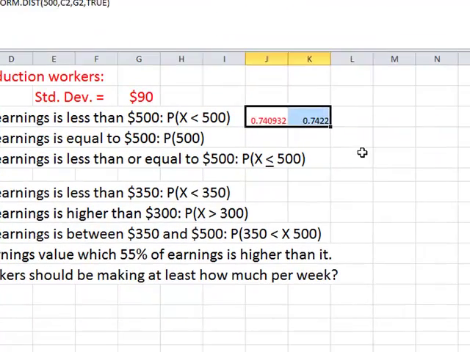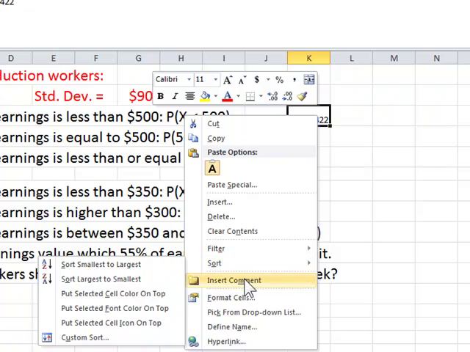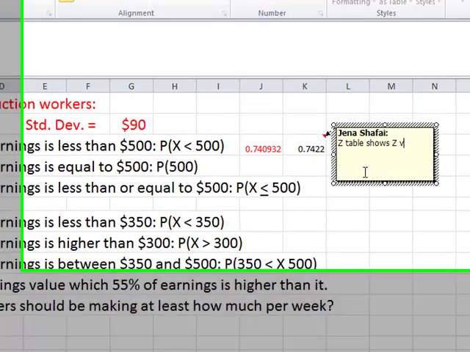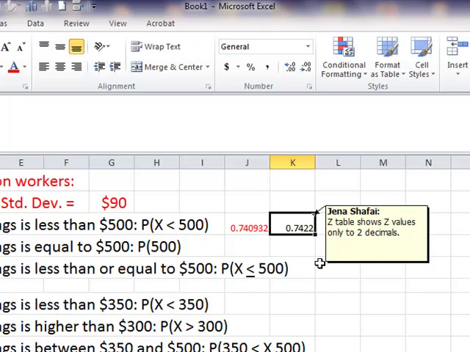The reason is that the z-table shows z values only to 2 decimals. Because we do not have exact z values to look up in the table, these numbers from the table will be slightly different and rounded.